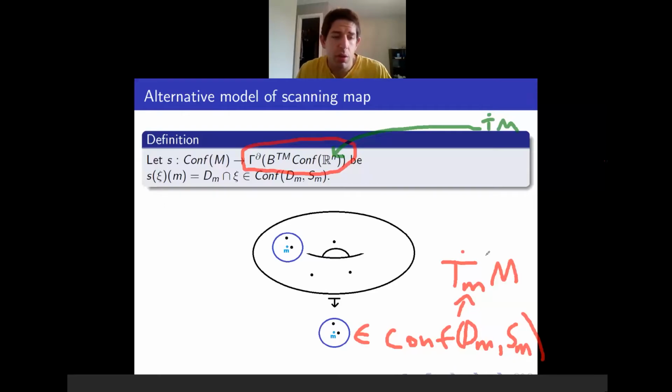Because if you think about it, in the case of free abelian groups, it was a bundle of Eilenberg-MacLane spaces, and our model for that was a bundle of relative configuration spaces. So here, you could also think about it as a bundle of relative configuration spaces. Any questions?